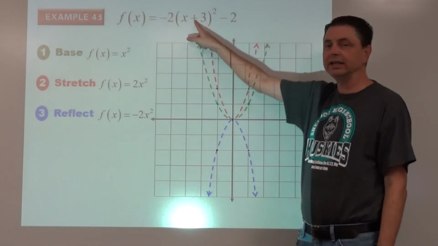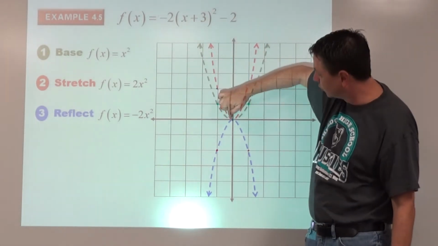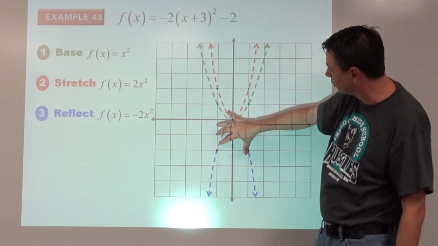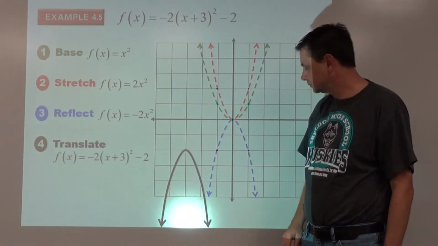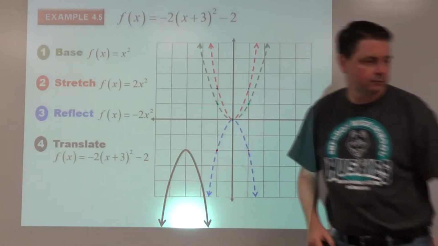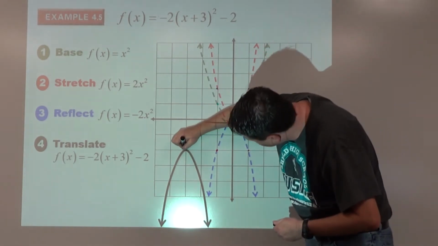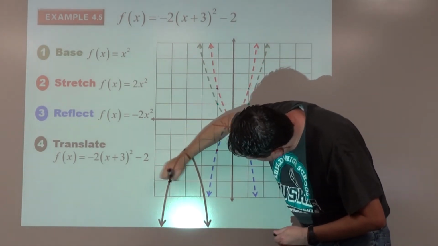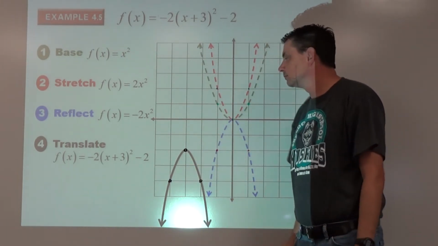And then lastly, shift last, left 3, down 2 with our 3 key points, left 3, down 2. Key point, key point, key point.